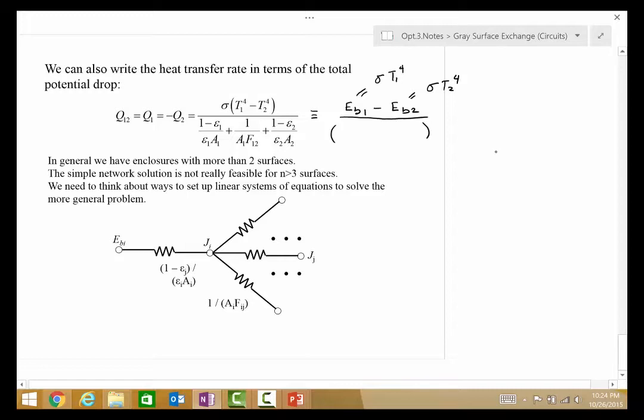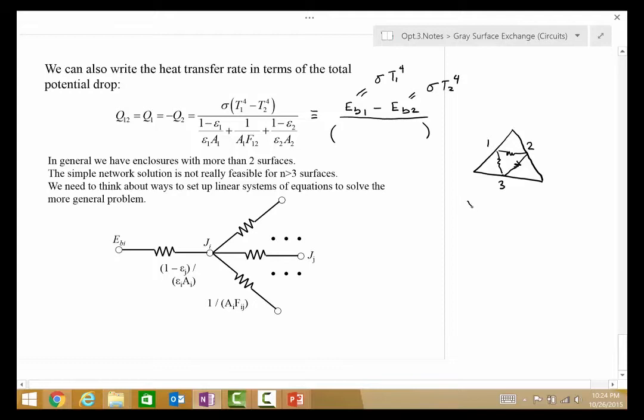We'll look at examples where we have three surfaces, for example a simple three-surface case, maybe a triangular channel where these surfaces all see each other.